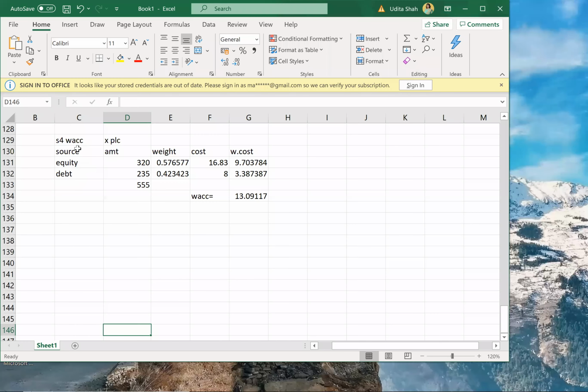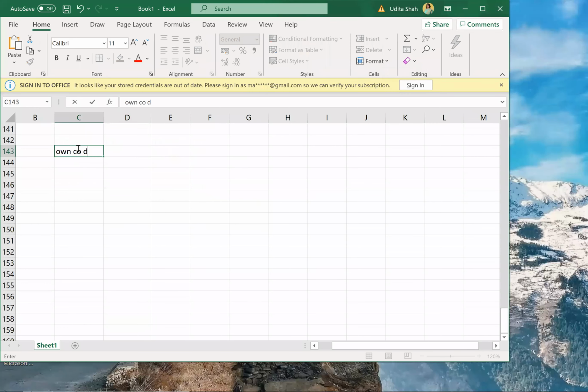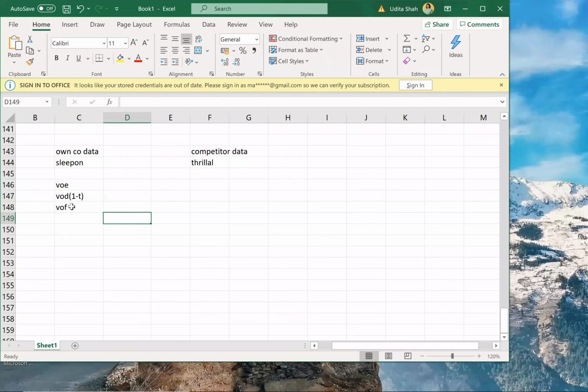Okay. So I need what? I need own company data, and I also need competitor data. Correct? Who is the own company? Sleep-On is the own company, and Trilal is the competitor company, correct? So for own company, what all data do I need? I need value of equity, I need value of debt net of tax, and value of firm, and obviously I need beta of asset also.